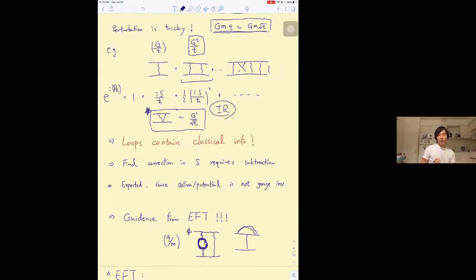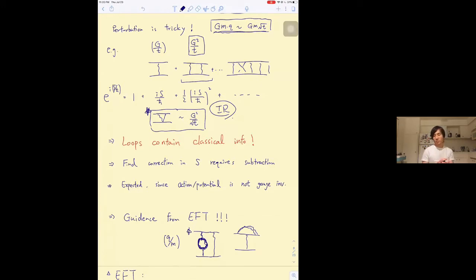Because it's an IR divergence, you should see the very same divergence in your EFT. So when you write down your EFT, you should get exactly the same IR divergence, and you will remove this divergent part. But the purpose of the EFT is to give you precise control over the finite part.